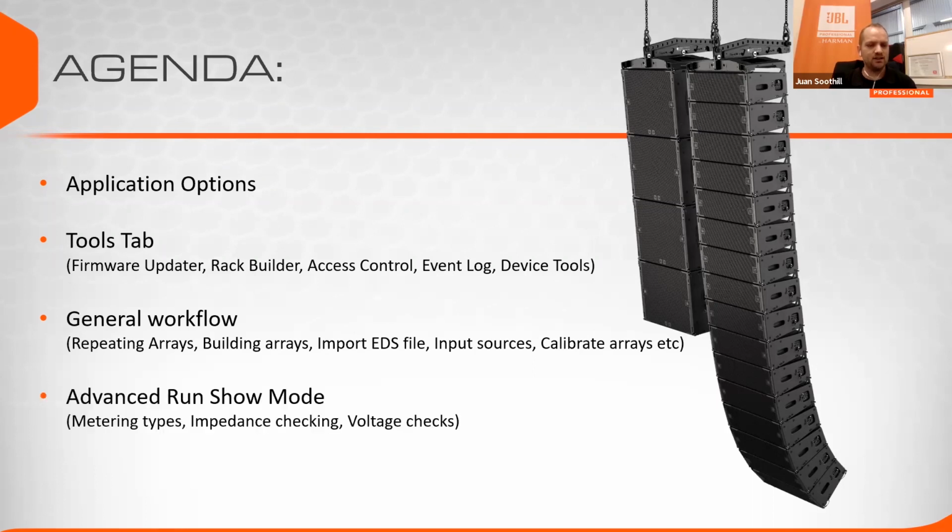And we are finally going to look at advanced run show mode, which is basically when we are running the show, we will be looking at how we can meter the amplifiers, check impedances live, check the voltages of the amplifiers, and so forth.